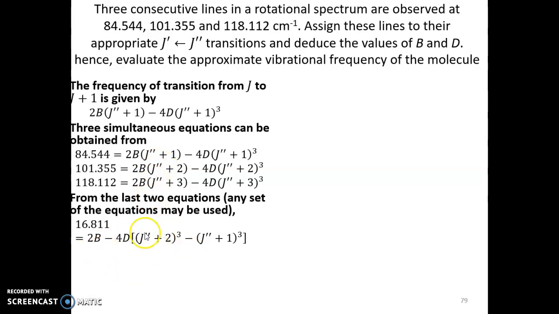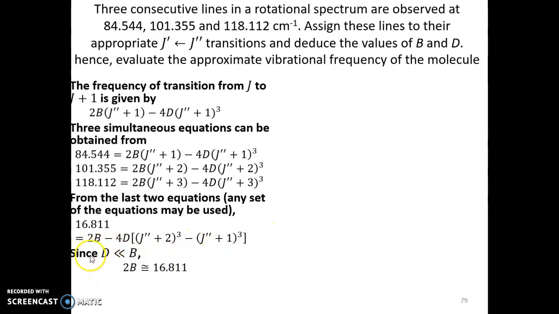Okay, so from the last 2 equations, in which case we can use anything, we're just trying to get some values out, we can subtract equation 2 from 3. So we have that 16.81 equals 2B minus 4D into (J''+2)^3 minus (J''+1)^3.